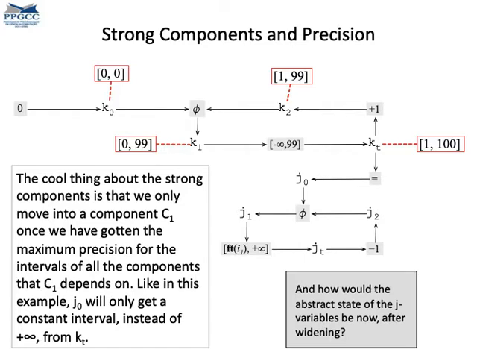However, if we solved the first component before moving on, if we solved components once each time, we would get that k ranges from 1 to 100. That's what we get out of the combination of widening and narrowing. And then j0 would be 1, 100, instead of 1 plus infinite.